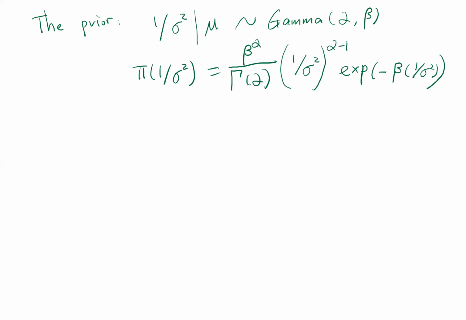You see that I try to use parentheses around the unknown parameter. Okay, so these are the densities.